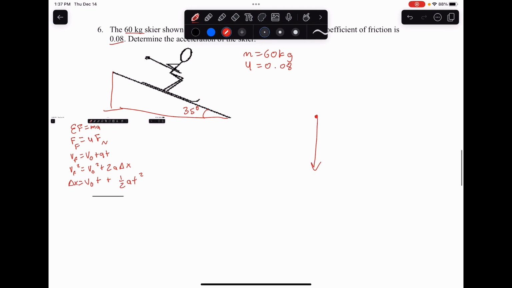Force gravity. Force normal. And this going this way. Friction. We got normal force. We got gravity.